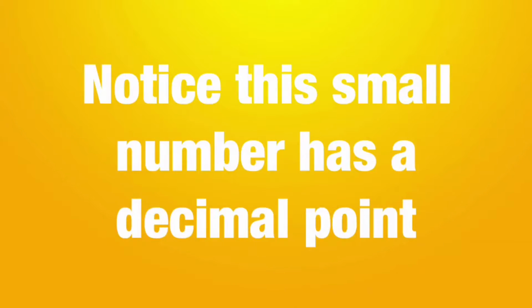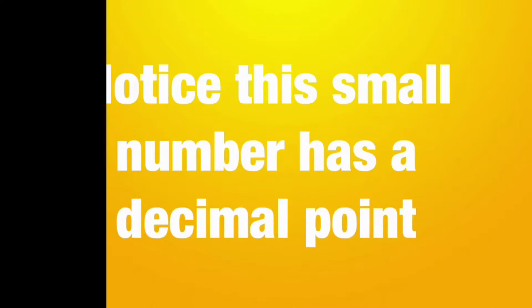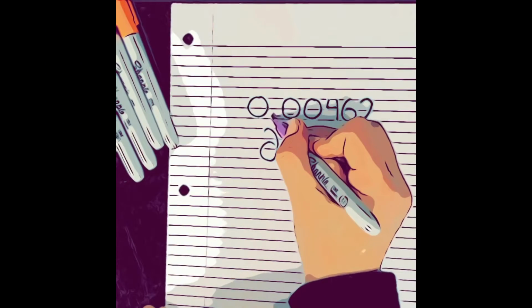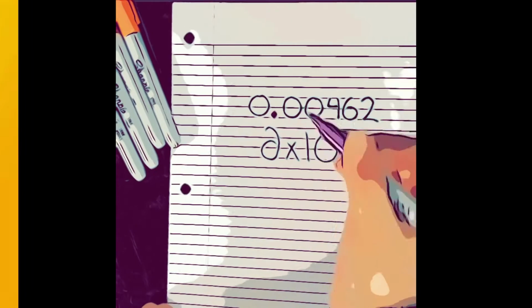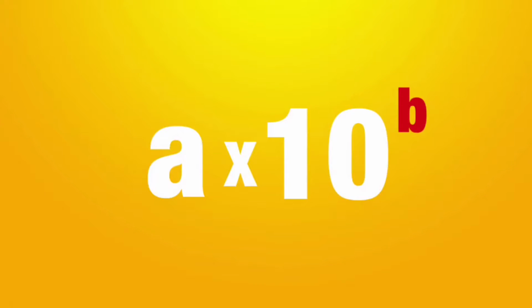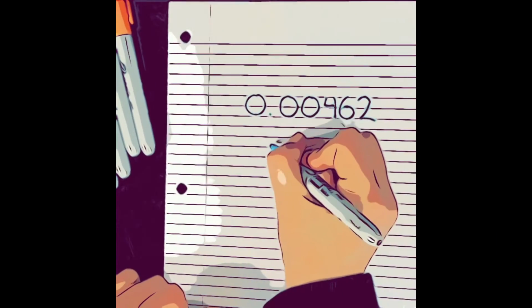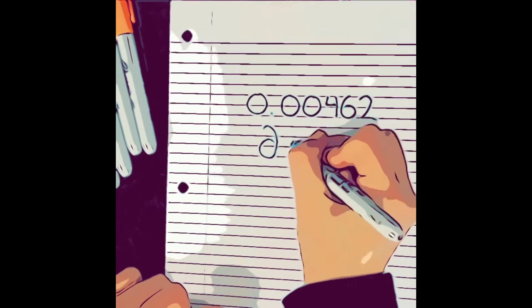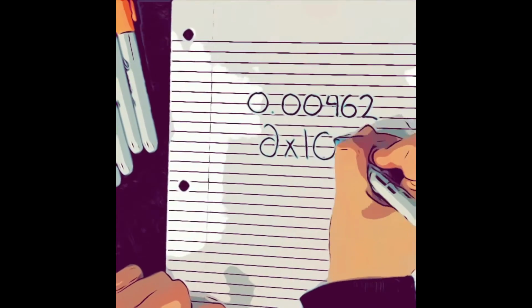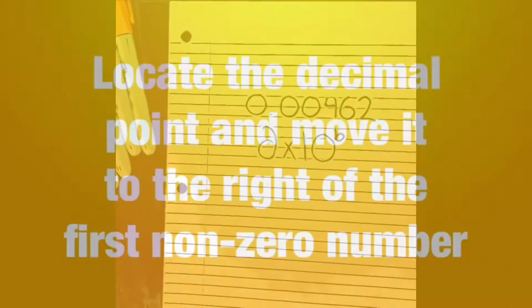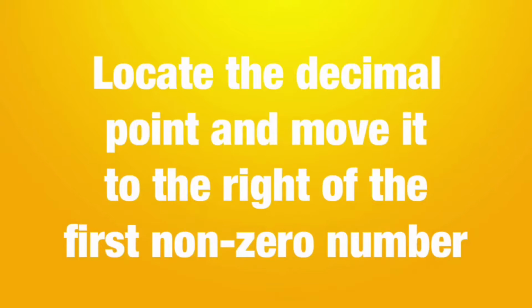Did you notice the small number has a decimal point? We want to convert this number into something that looks like this, where A can be a number between 1 and 10, multiplied by 10 to the power of B. Locate the decimal point and move it to the right of the first non-zero number.